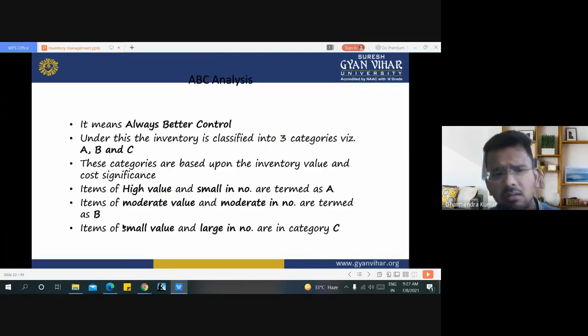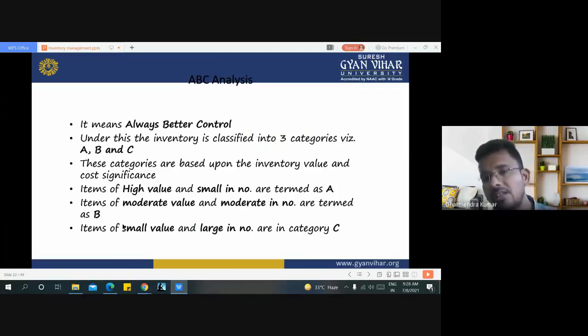Items of small value and large in number are in category C. Here the small value represents the inventory cost. Category C consumes less inventory cost, but the large volume of area and large number of items we keep in category C.